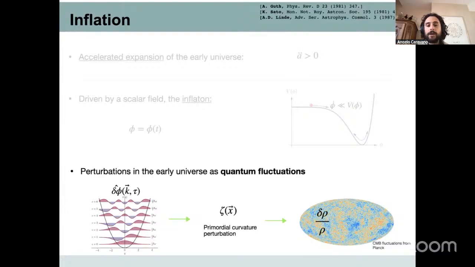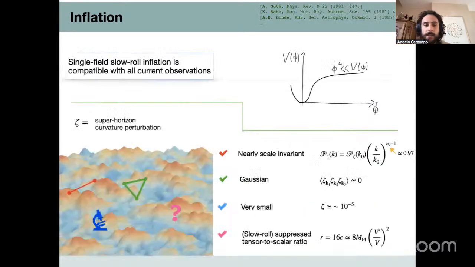I don't want to focus too much on the simplest single field inflation model. The only thing that I want to say is that this minimal model is compatible with all the current large-scale observations that we have. It predicts a nearly scale invariant spectrum of these fluctuations. It predicts that they are approximately, or very close to, Gaussian.